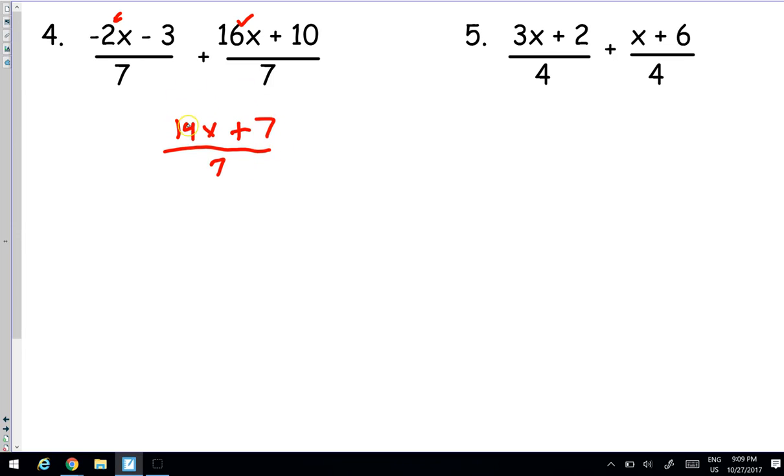I can reduce this. I see that I can factor out a 7 from the numerator. And now I can reduce the common factor of 7. So my final answer for this particular problem is 2x plus 1.